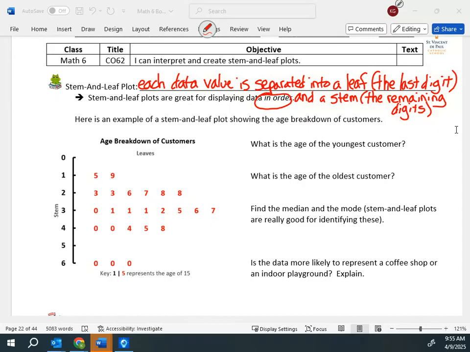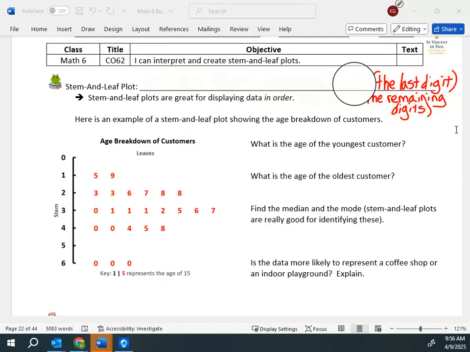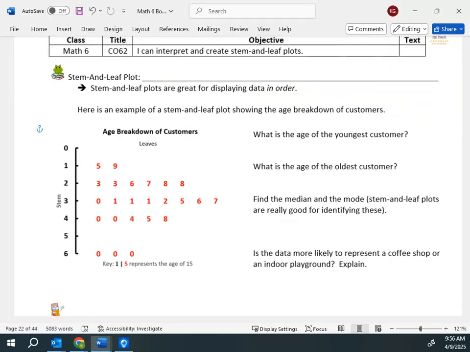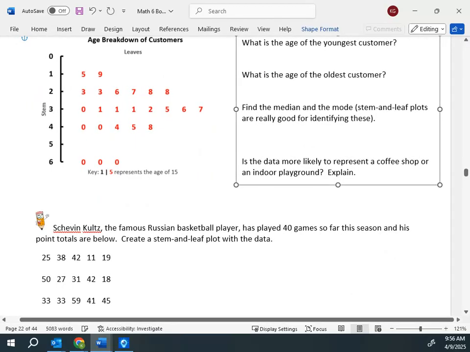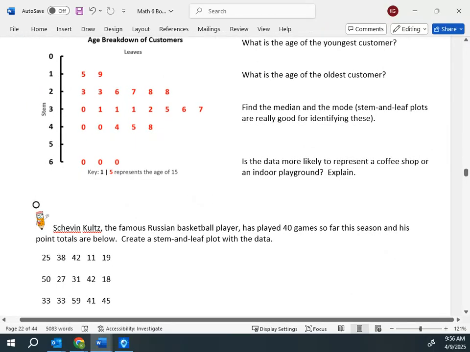So here's an example of a stem and leaf plot showing the age breakdown of customers. Knowing that our number is broken apart, we've got our stem and our leaves. The stem is on the y-axis, the leaves are on the x-axis. I'm going to put this up higher so it's easier to see. Let's see what the ages are of the customers.